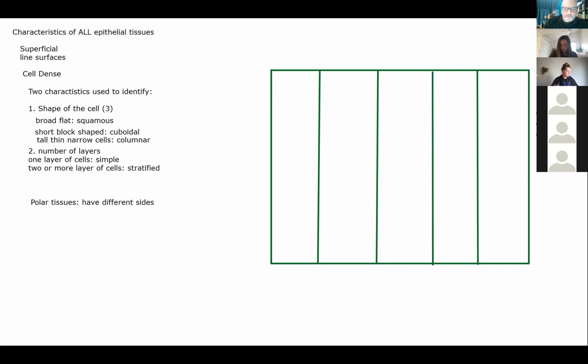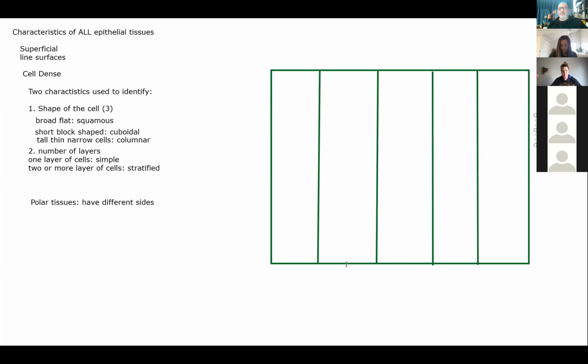And simple columnar epithelial tissue, or epithelium. Epithelium is the noun. Epithelial tissue is the adjective that describes the noun, tissue being the noun. Fun with vocabulary. And of course, the plural would be epithelia. Fun with vocabulary and spelling. But here we have a simple columnar epithelial tissue.